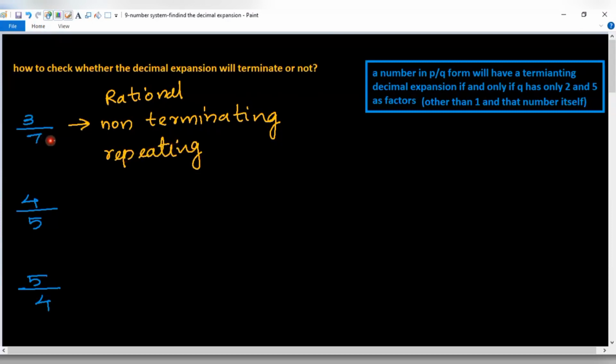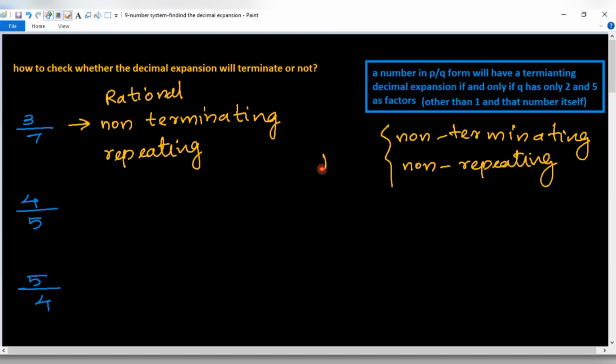If it is non-terminating and non-repeating, it is irrational, so it cannot be represented in p by q form. In our questions, all the numbers given are in p by q form. That means it is rational. Rational means if it is a non-terminating decimal, then it should repeat.